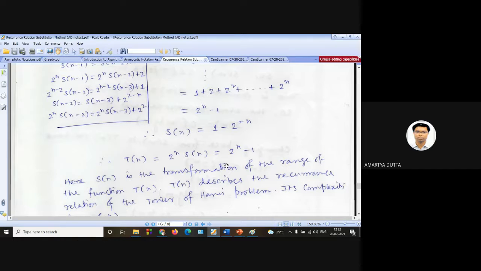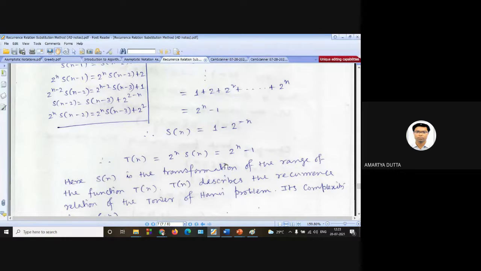The complexity of this recurrence relation is 2 to the power n, ignoring the constant term, that is minus 1. The complexity of the Tower of Hanoi algorithm from its recurrence relation is 2 to the power n.